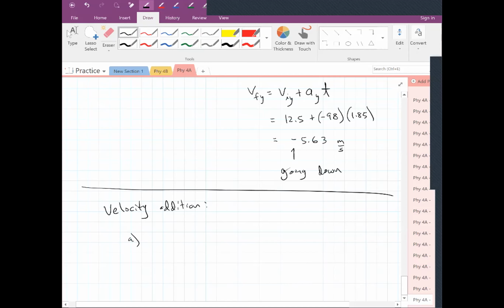We've got our person on a flat train car here, and the train is moving. The velocity of the train with respect to the ground is 24 meters per second, and the velocity of our person with respect to the train is 8.